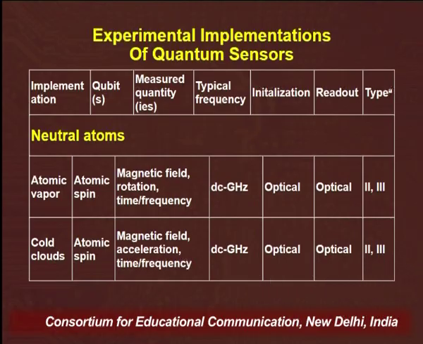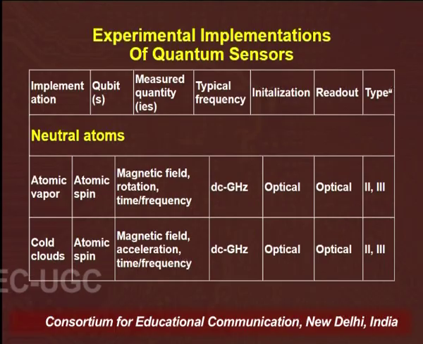After that, we use an initialization. After that, we have the readout value and the type of quantum sensor. We have defined the three types previously, so on the basis of that, we can characterize these quantum sensors into type 1, 2 or 3.